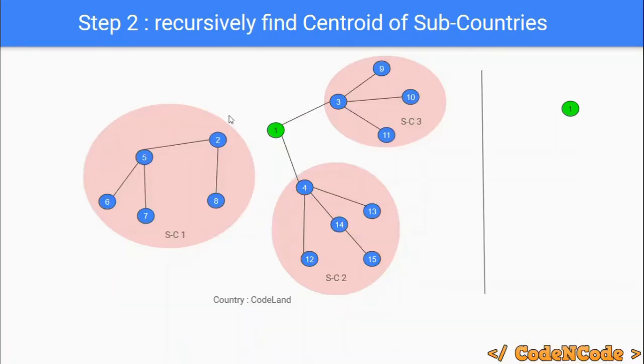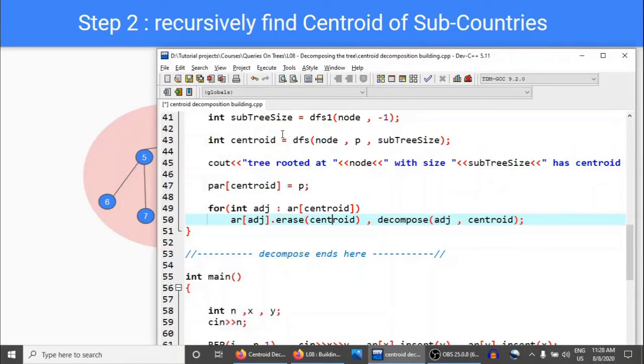In the adjacency list of 2 there is 1, and in the adjacency list of 1 there is 2, so we need to remove 1 from the adjacency list of 2 so that when we make a DFS call to this, it is not able to jump here. If there is no 1 in the adjacency list of 2 and you are making a DFS call to any node here, it won't be able to jump here. That is why we are removing the centroid from the adjacency list of that node.